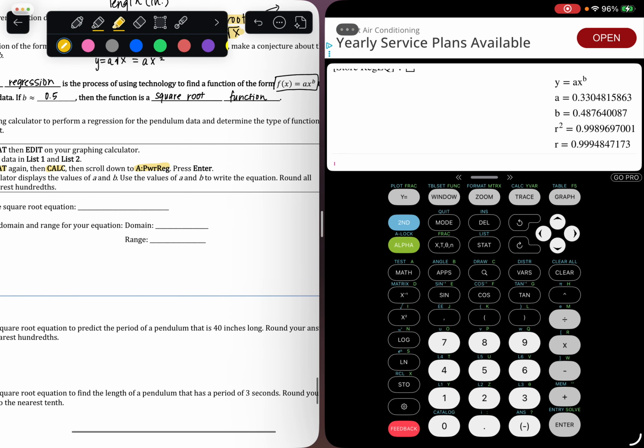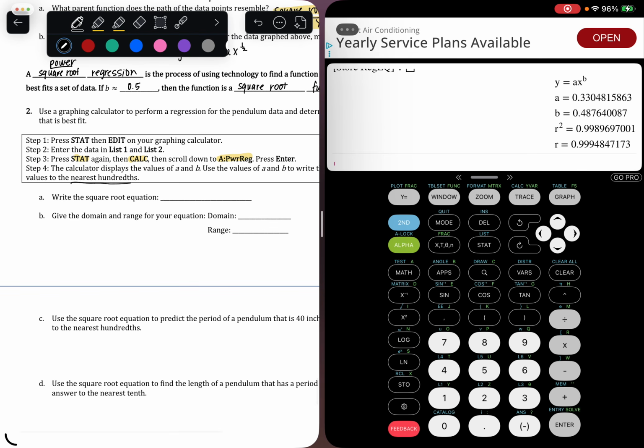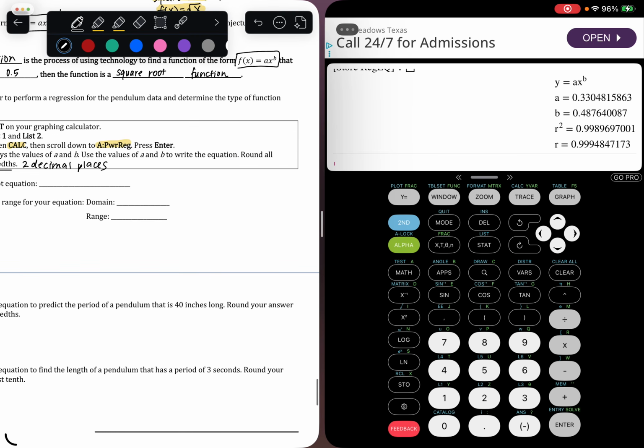It says round all to the nearest hundredths, that's 2 decimal places. For this particular problem, a would be 0.33. b is approximately 0.5, I'll just say 0.5 because we're going to write it as a square root function.